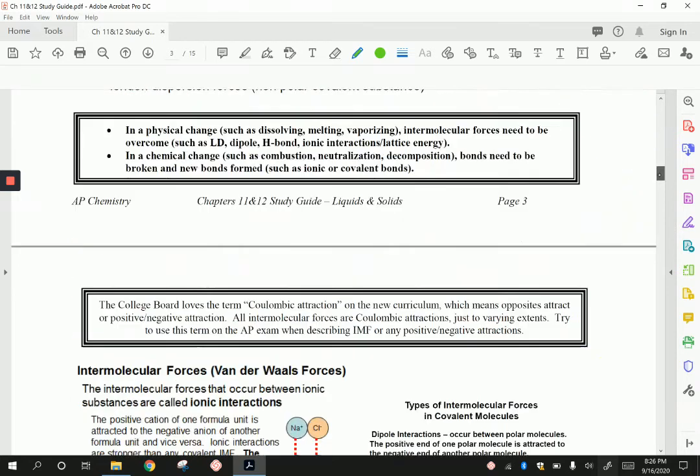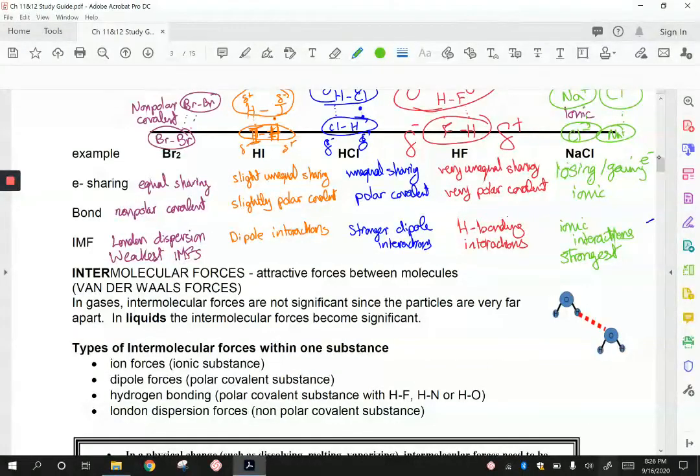So as we've mentioned here, this is kind of like a brief overview of the intermolecular forces. We had talked about that in gases, these are insignificant because the particles are so far apart, but in liquids and in solids, those become significant. So the four different types of intermolecular forces that we've listed here are here as well.